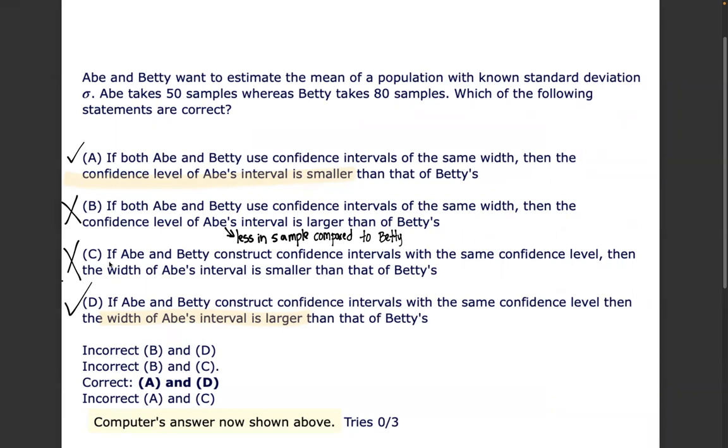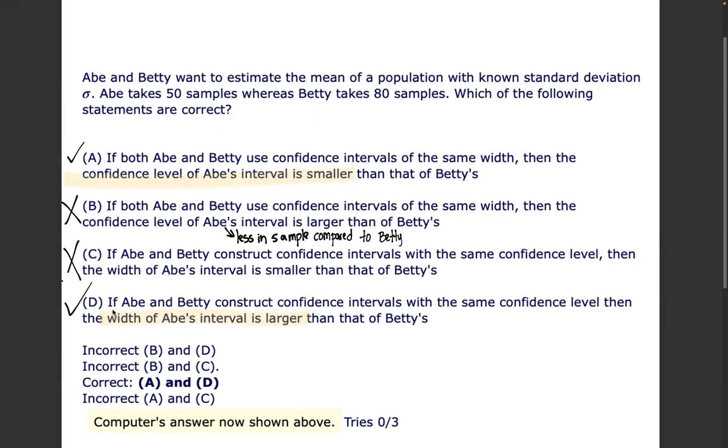So the correct statements, I'm just going to say, because I don't want to get the wrong ideas in your head, are: if both Abe and Betty use confidence intervals of the same width, then the confidence level of Abe's interval is smaller than Betty's. And remember, that's because Abe has less samples than Betty.